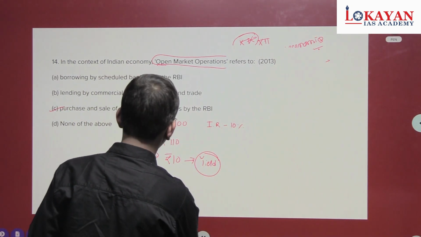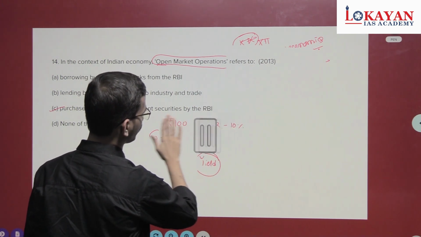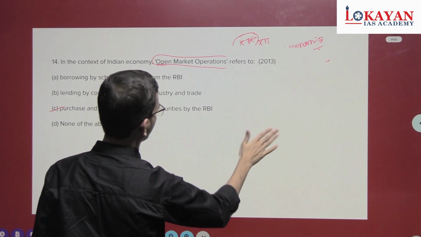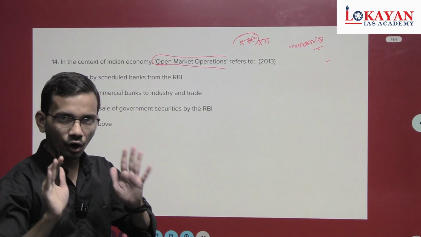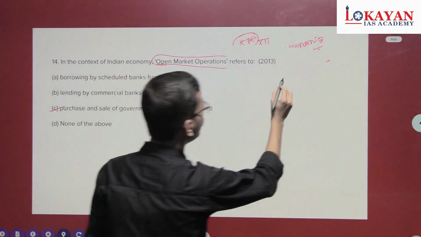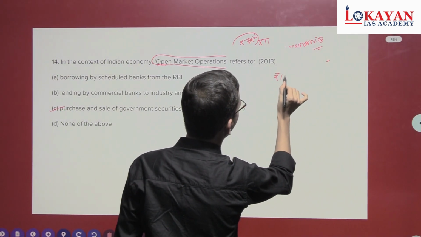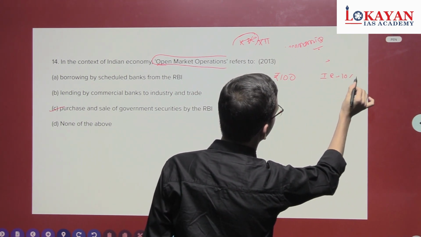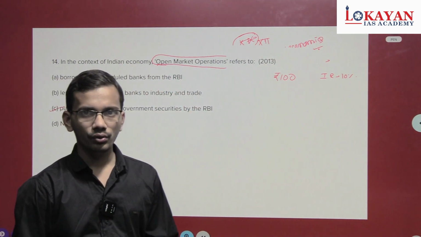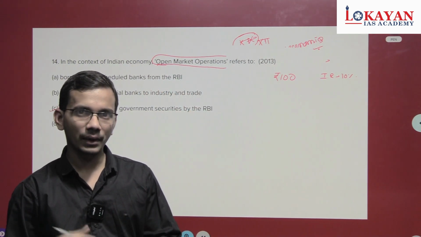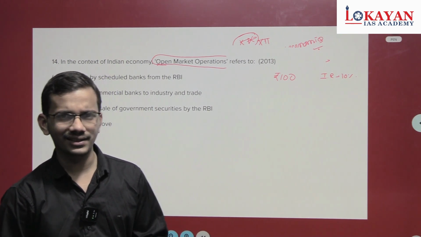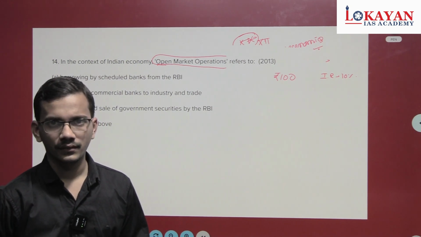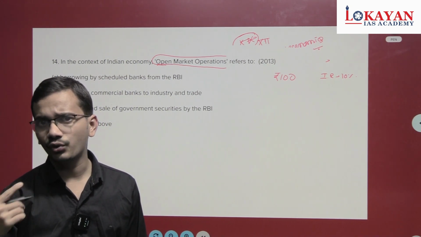Now consider this scenario. Let's discuss the relation between bond price and bond yield. Suppose, same example, a bond worth rupees 100 and interest rate 10%. Now consider the demand for the bond increases due to various market reasons, and I sell that bond to someone else. The price has increased due to increase in demand.